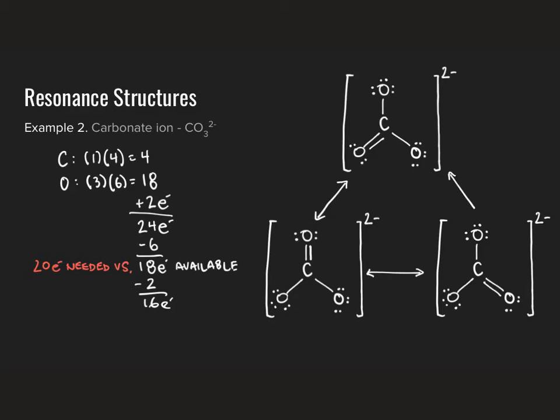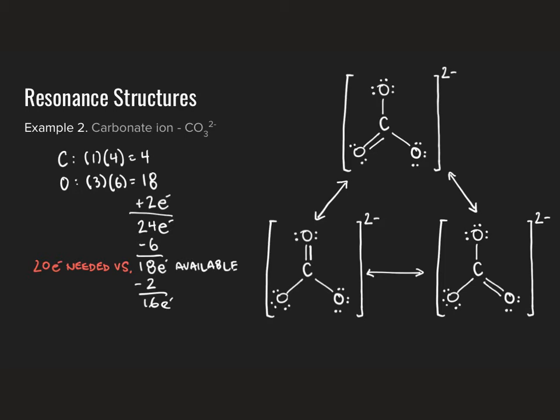So really, there's not a single bond between 2 of the oxygens and a double bond between one of the others and the carbon. Really, what we see here is a situation in which there's about 1 1/3 of a bond between each of those oxygens, or at least 1 1/3 of a bond's worth of electron density would be a better way to put that, between the carbon and each of the oxygens.